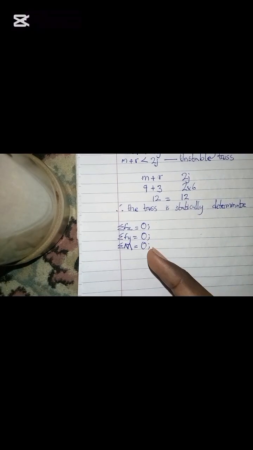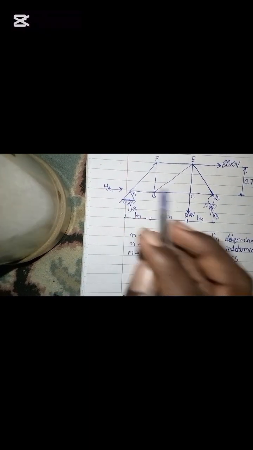So we first find the sum of forces along the horizontal axis. We are going to have HA because it is on the horizontal axis.